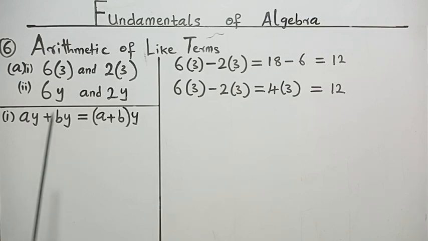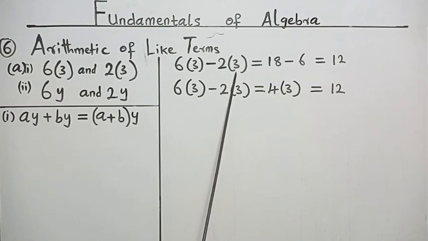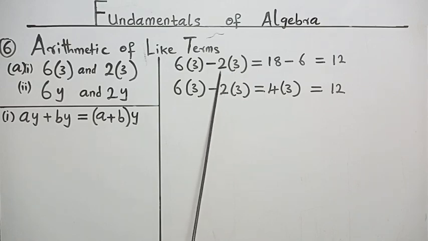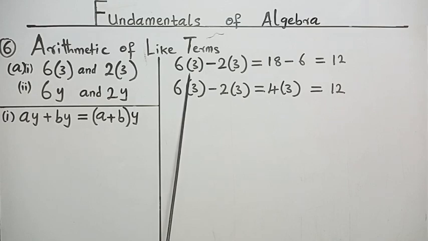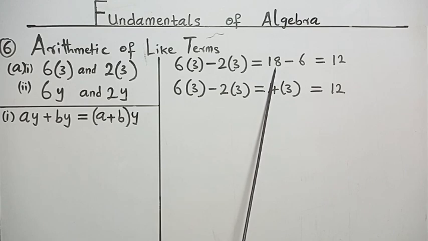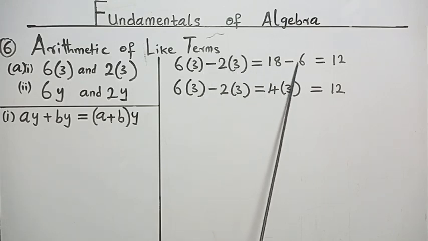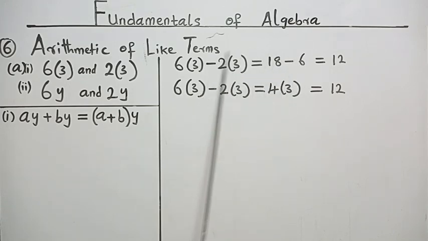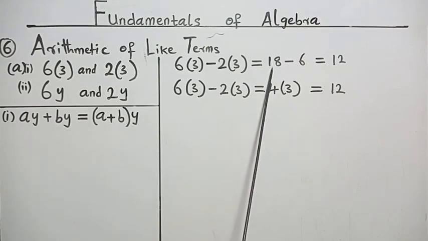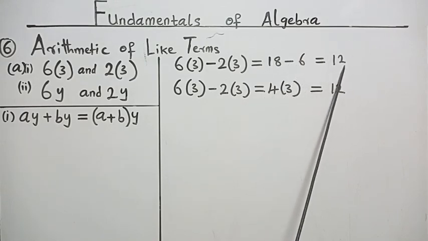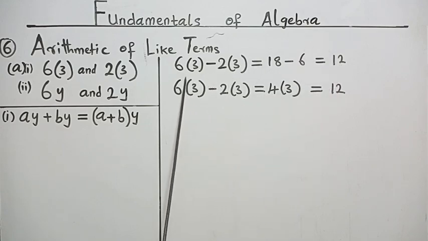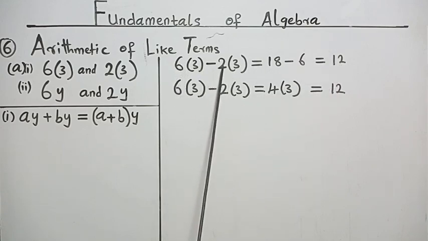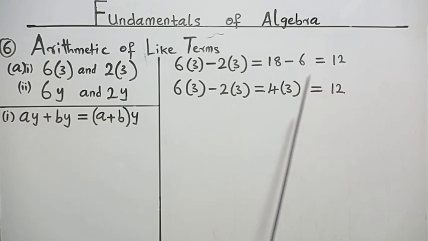By default, we simply mean let 6 bracket 3 turn to one number and let 2 bracket 3 turn to one number, then subtract one number from the other. Alright, 6 bracket 3 turns to 18. 2 bracket 3 turns to 6. And what we have here is minus. So 18 minus 6 is equal to 12. It therefore means that by the default method, this minus this will give us 12.